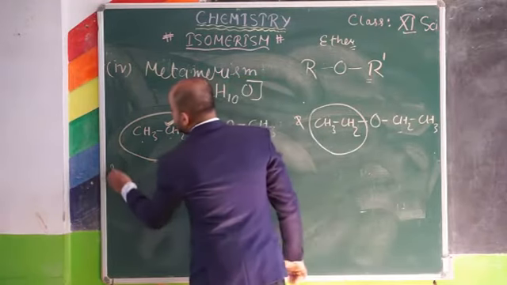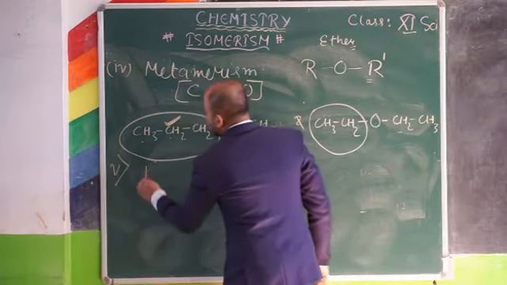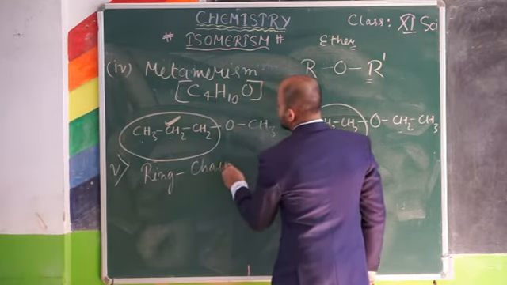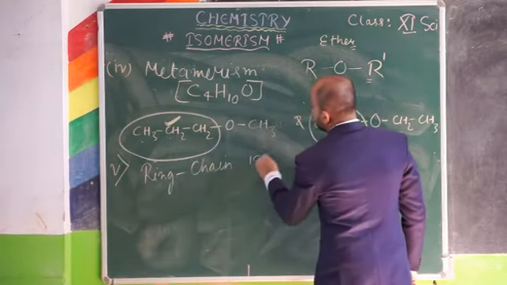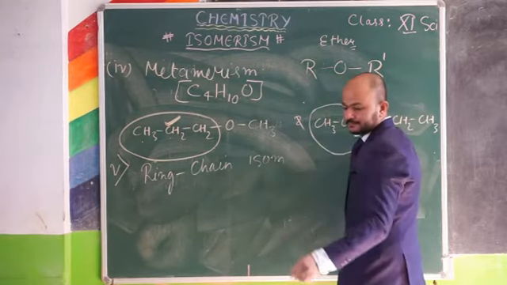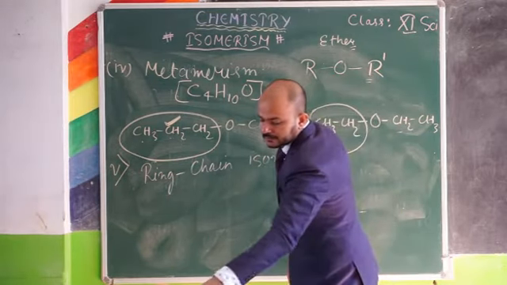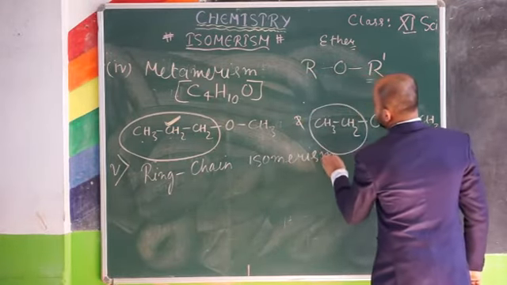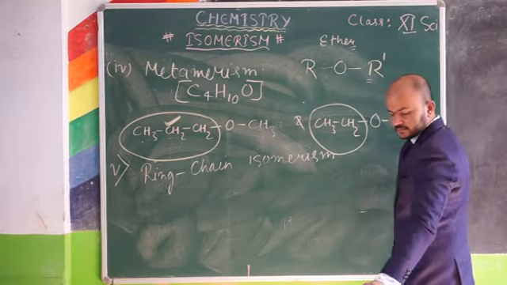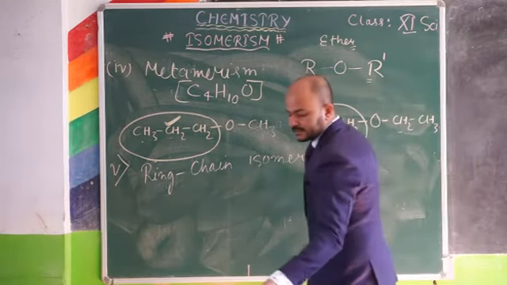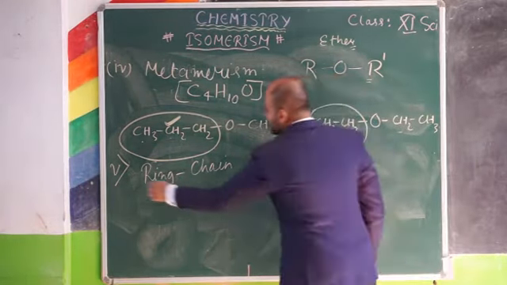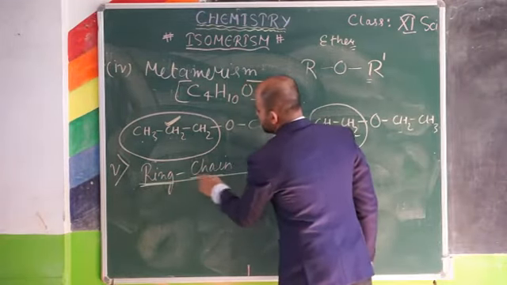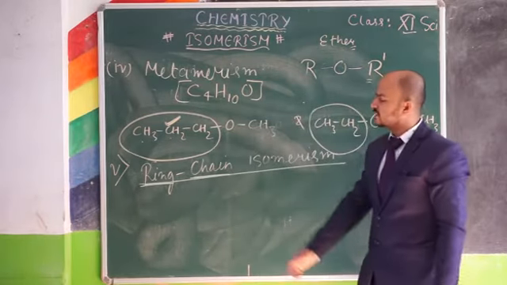Now let's discuss the next type, that is ring chain isomerism. In this ring chain isomerism, the topic itself tells us what type of isomers there are.